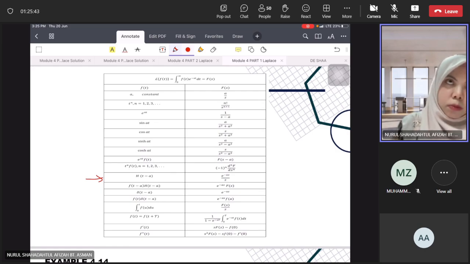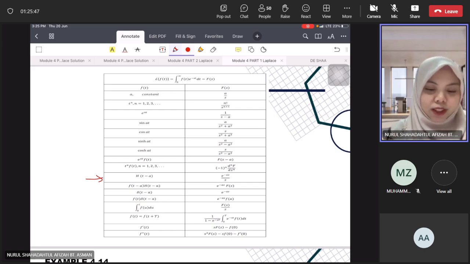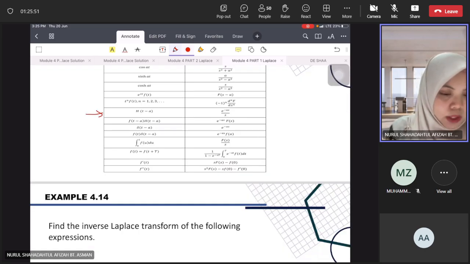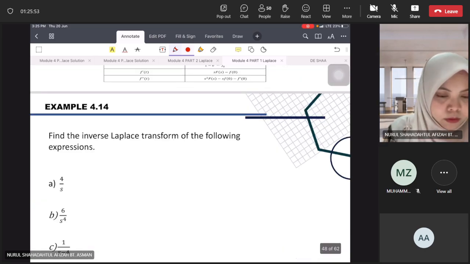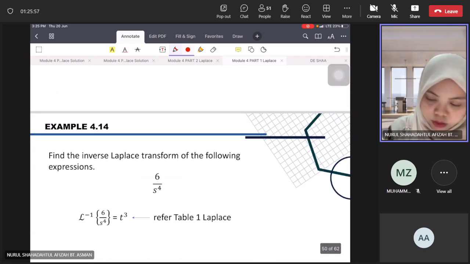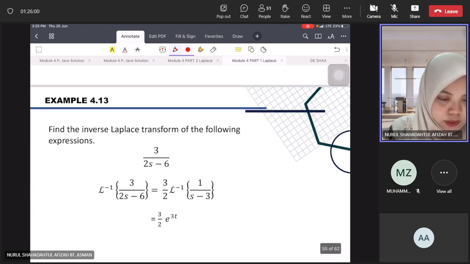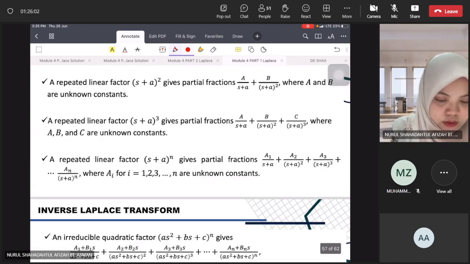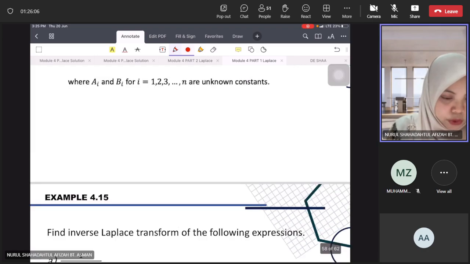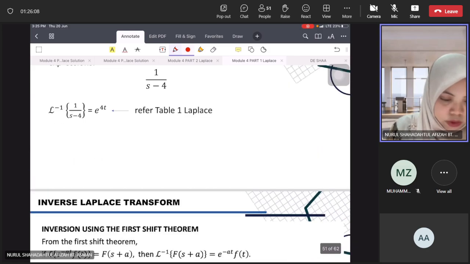The table will be provided during your exam, so you don't need to remember this table. Okay, so we try to do some examples for the inverse Laplace, not so many, before continuing to the next subtopic.